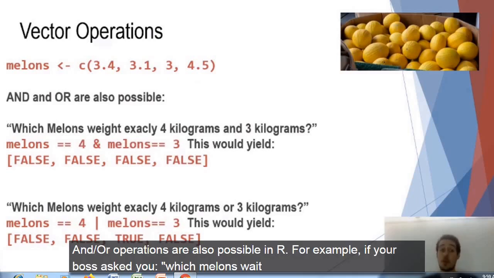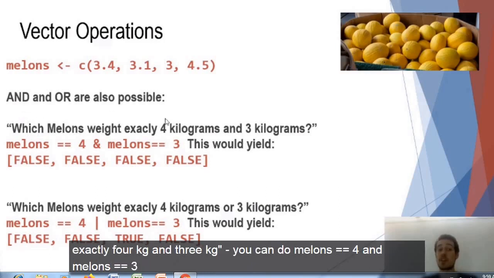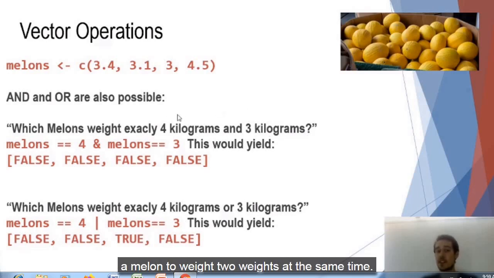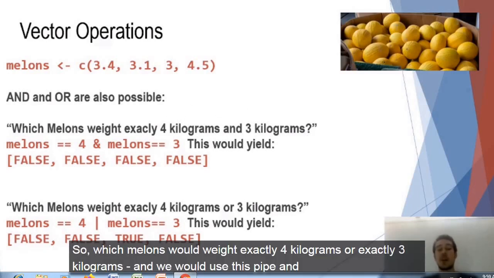And and/or operations are also possible in R. For example, if your boss asked you which melons weigh exactly 4 kilograms and 3 kilograms, you could do melons == 4 & melons == 3, and this would obviously yield false, false, false, false, because it's impossible for a melon to weigh two weights at the same time, right? So which melons weigh exactly 4 kilograms or exactly 3 kilograms?